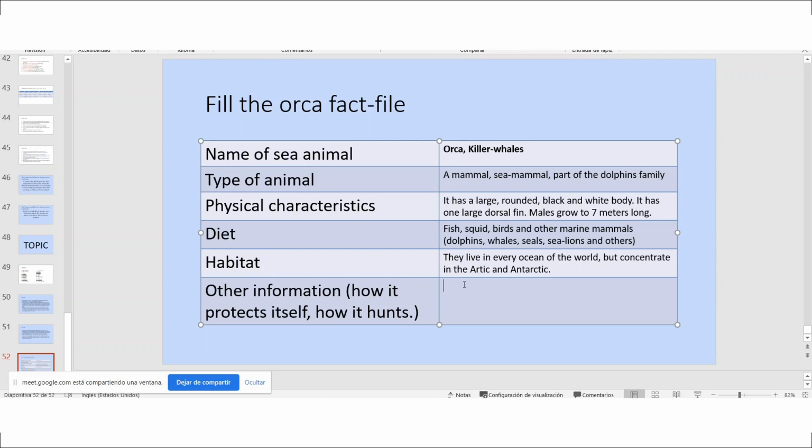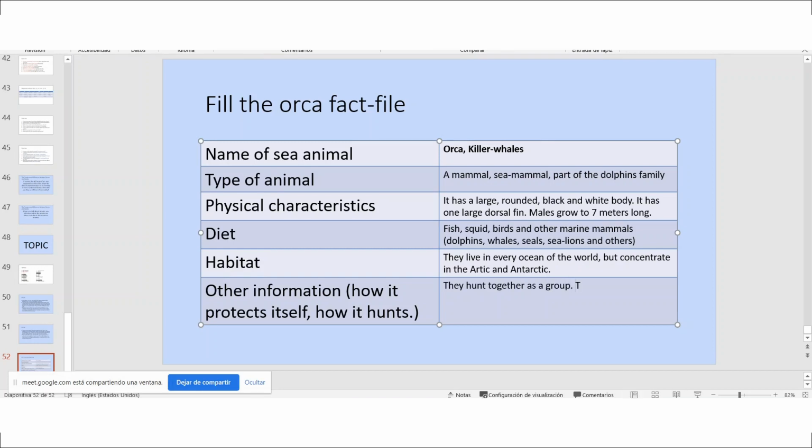Okay. Any other information you can tell me about orcas? That they hunt together as a team, as a group. Okay, together as a group.